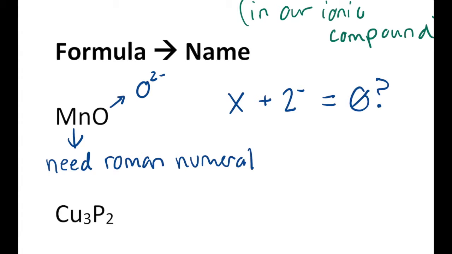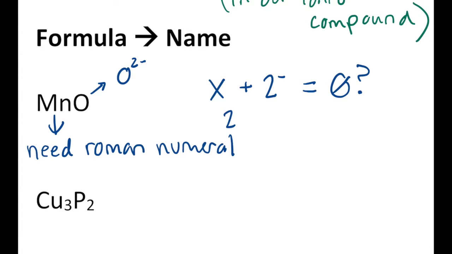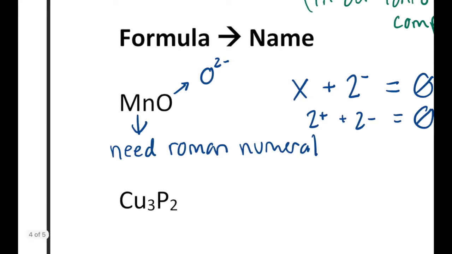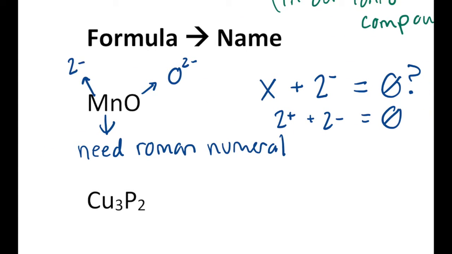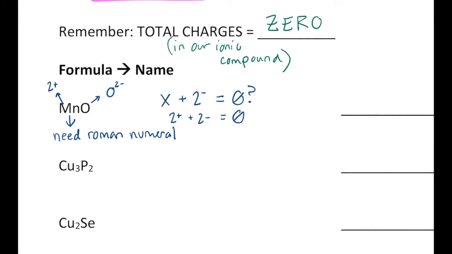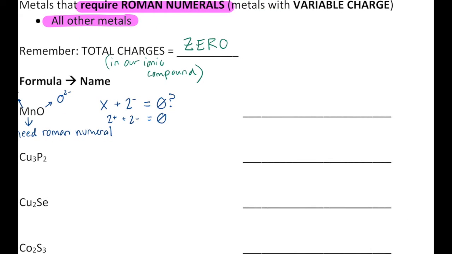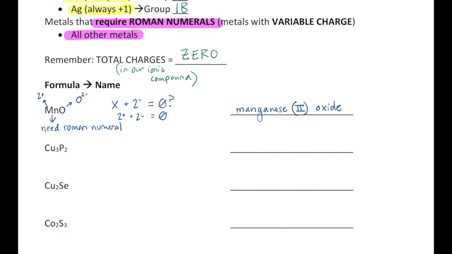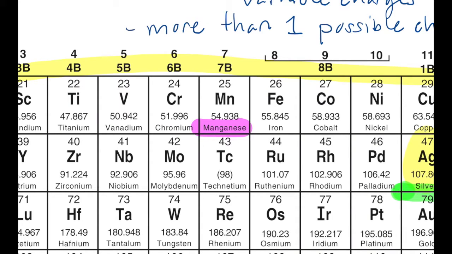Now we know that Mn has to cancel out 2-. So what added to 2- is equal to 0? Well, it's going to be 2+. So that means Mn is going to need a 2+ charge in order to cancel that out, which means we're going to use a Roman numeral of 2 in the name. So that name is going to be manganese (II) oxide.